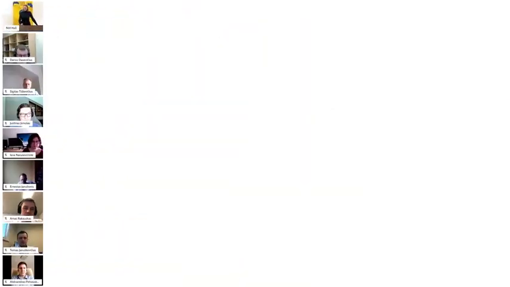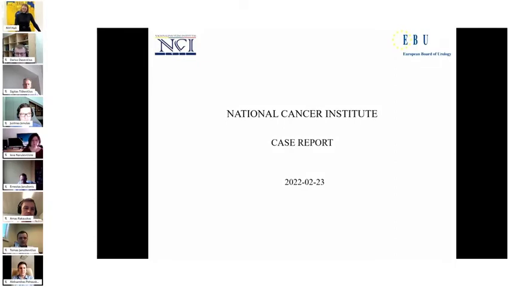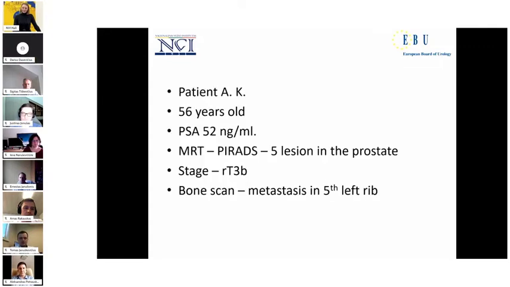So hello again. The last case for today for our discussion is about a patient of 56 years of age with an initial PSA level of 52 nanograms per milliliter.